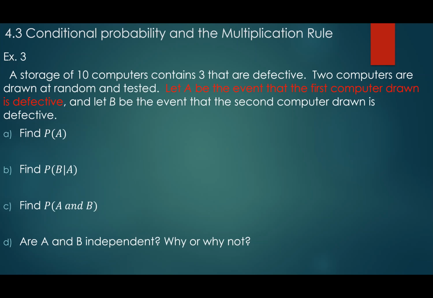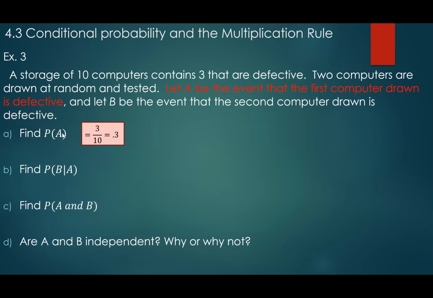Meaning, part B, we go back and select the second computer, and that second computer is also broken or defective. Looking at this item, what is the probability of A?